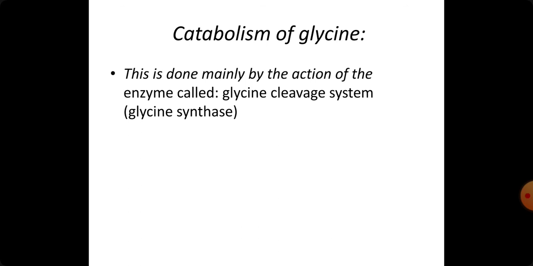This is the catabolism reaction of glycine. There is one enzyme which will convert glycine into carbon dioxide and ammonia. This is done mainly by the action of the enzyme called glycine synthase or glycine cleavage enzyme.